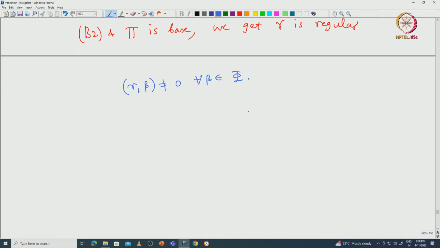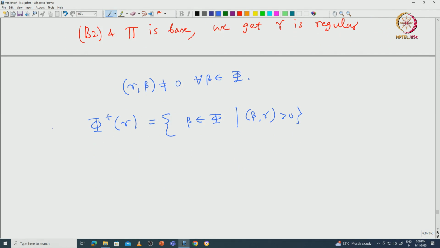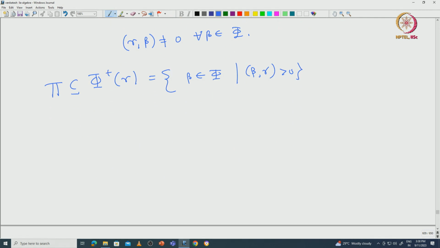Since gamma is regular, one can define what is called phi plus of gamma, those beta in phi such that beta gamma is positive. Now, pi by definition satisfies this: gamma alpha is positive for all alpha in pi. That implies pi sits inside phi plus of gamma. Note that phi plus is with respect to pi, so all elements of phi plus will be non-negative integral linear combinations of elements of pi.